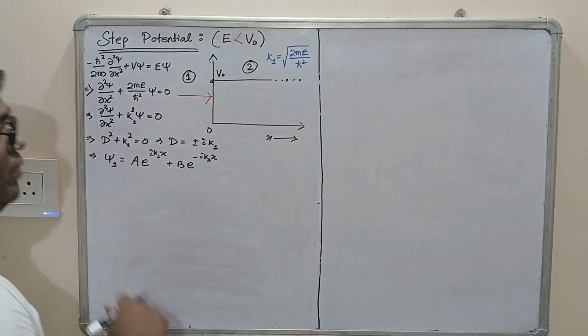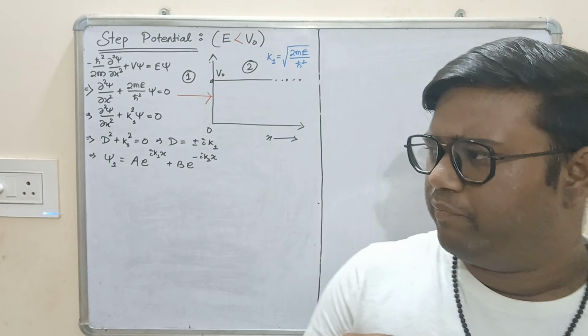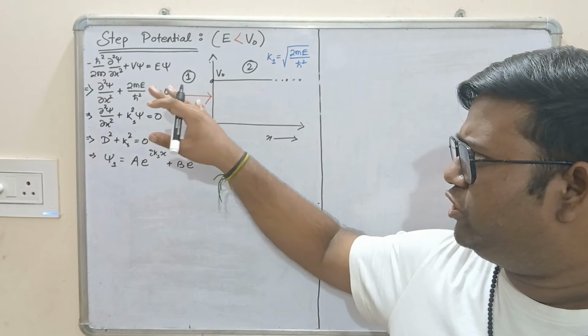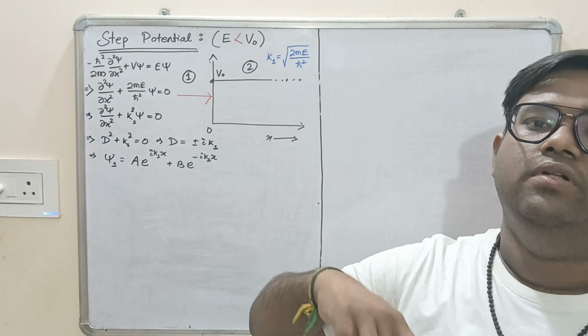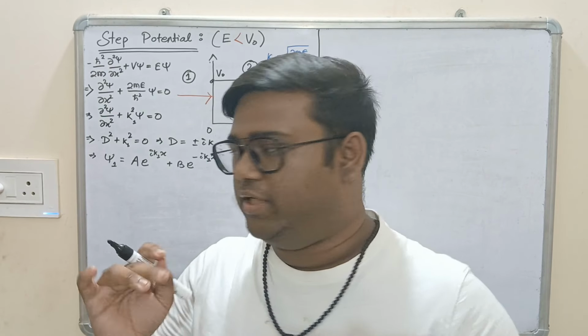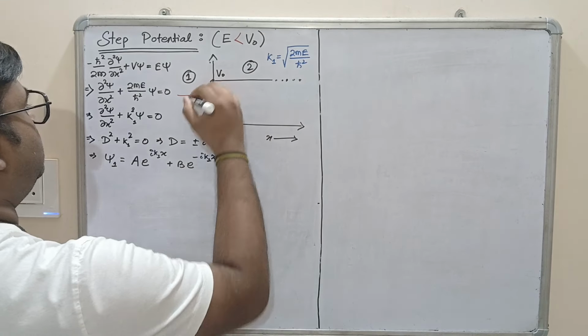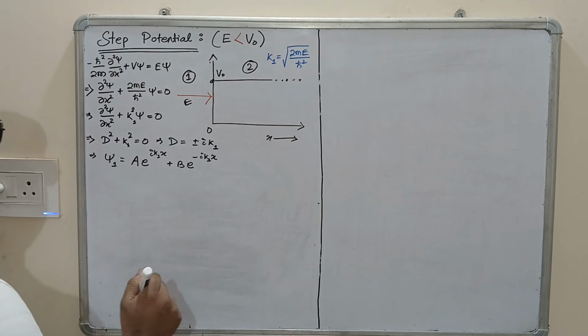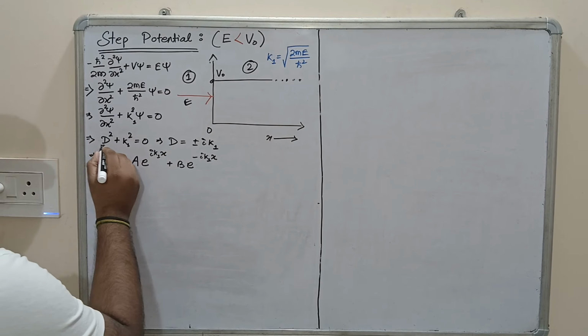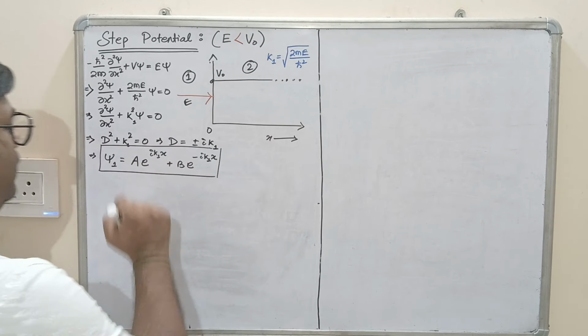Now instead of A and B, you can also use sine and cos functions, but I am not going to do it because in this kind of question we don't need that. The question in which we will need sine and cos functions, we will use that. Don't worry about it. This is energy E, and this is coming out to be your equation for region 1.